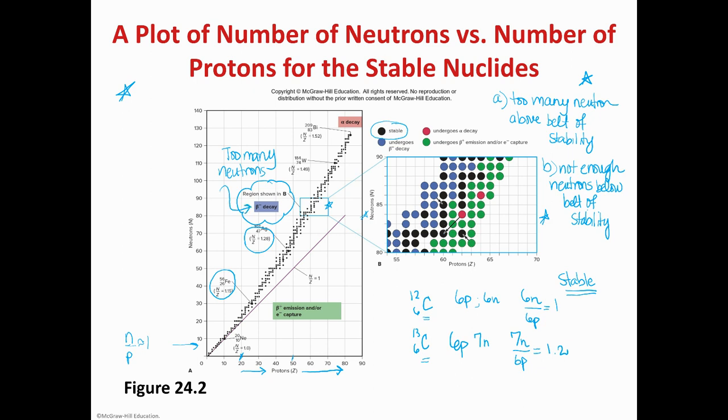The preferred decay is beta. And the reason why that is, do you recall what I said to you before, is that beta decay is the conversion of a neutron to a proton and an electron. So what happens there is you're reducing neutron number.